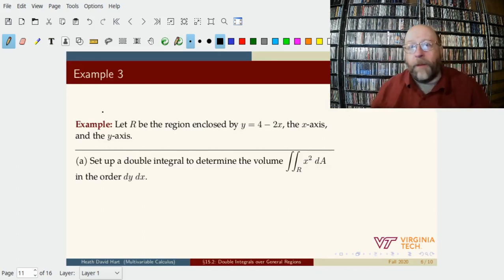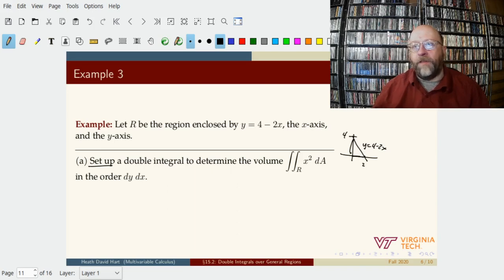Let's try this problem. This is just a setup question. Let's set this up. Let R be the region enclosed by the graph y equals 4 minus 2x. That's a line that has a y-intercept of 4 and a negative slope of negative 2. And it crosses down here at x equals 2. And then the other two boundaries are the x-axis and the y-axis.